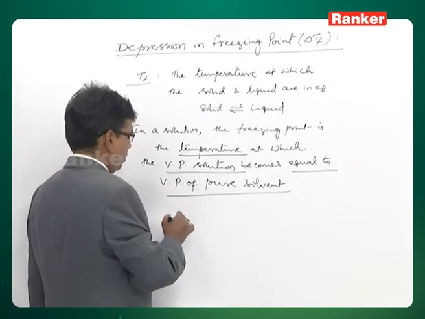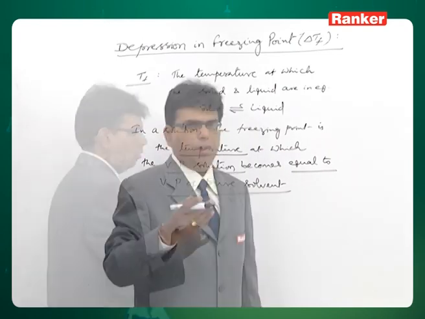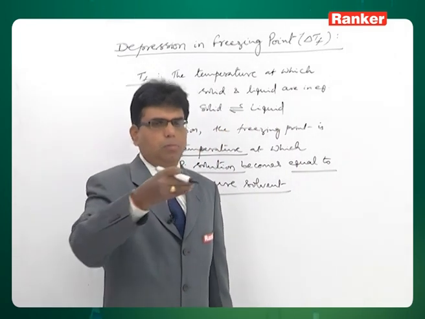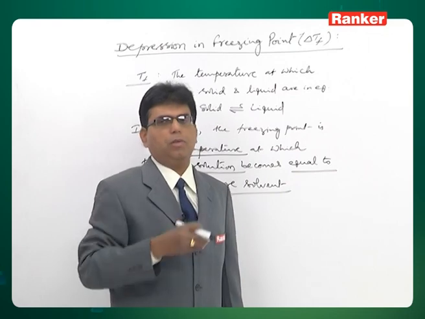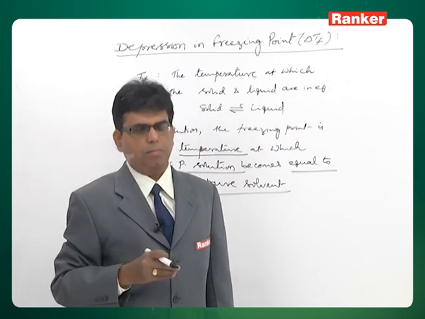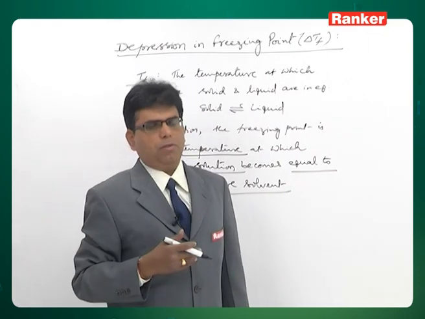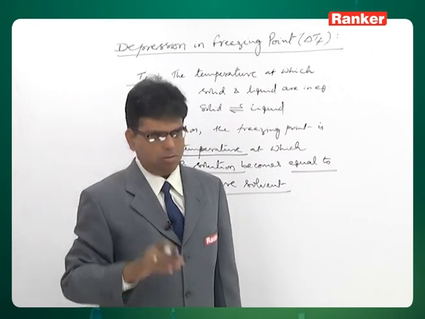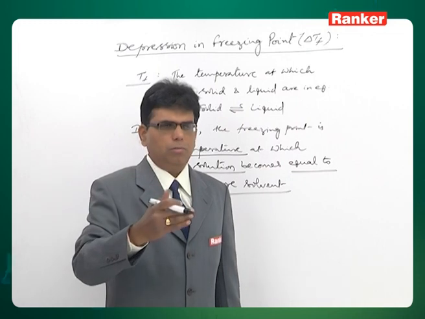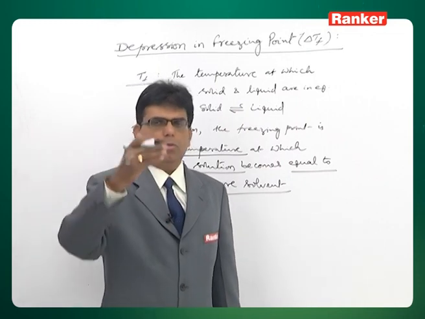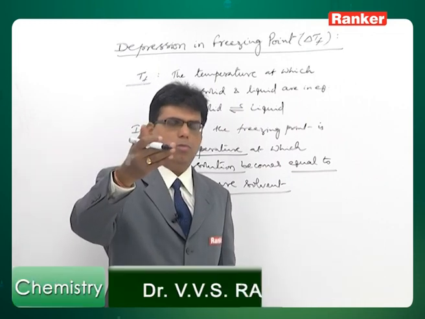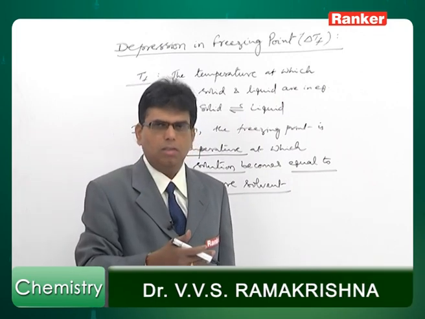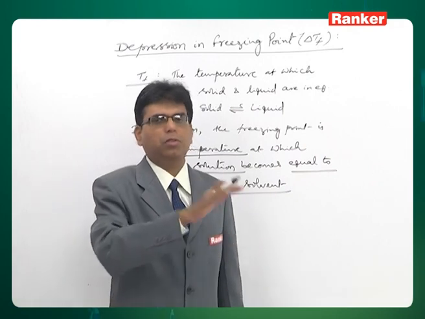So, here what happens is that for a solution, the vapor pressure to become equal to vapor pressure of pure solvent means, already in the vapor pressure what we told is when you add a non-volatile solute, vapor pressure decreases. Solution vapor pressure is more than solvent vapor pressure. Now, solution vapor pressure has to be lowered, has to depress to vapor pressure of the pure solvent.